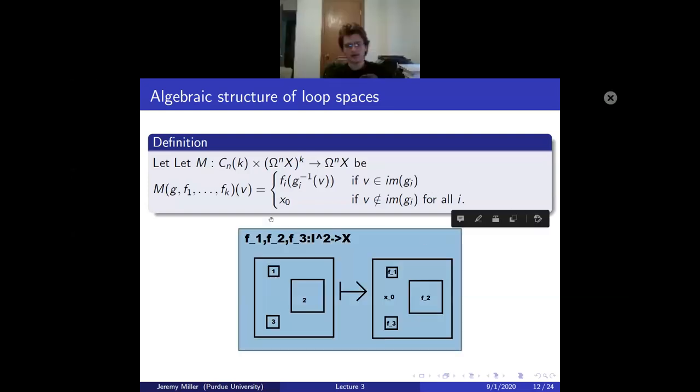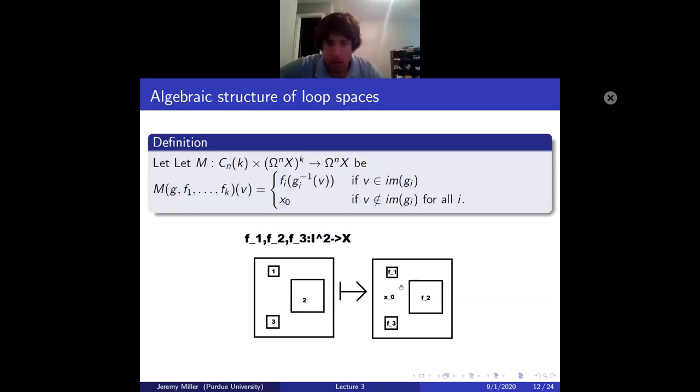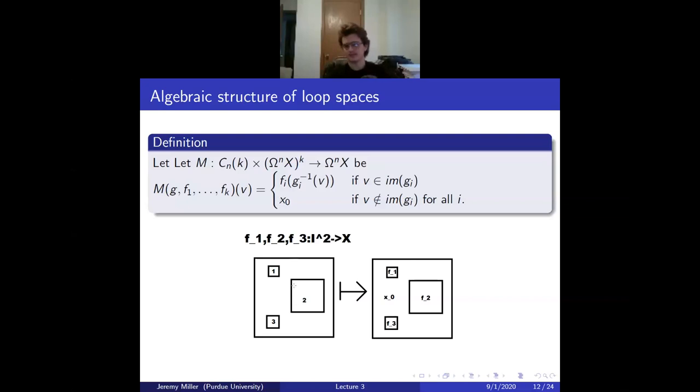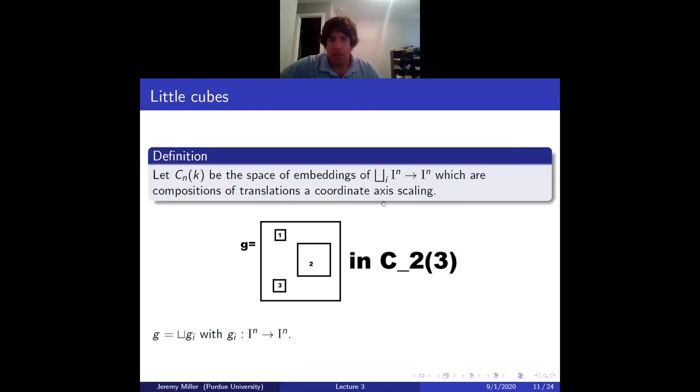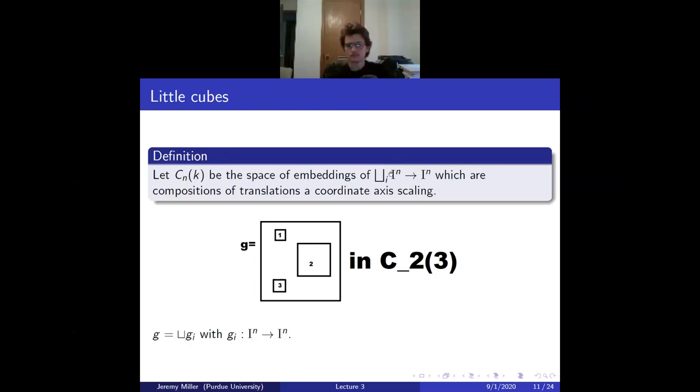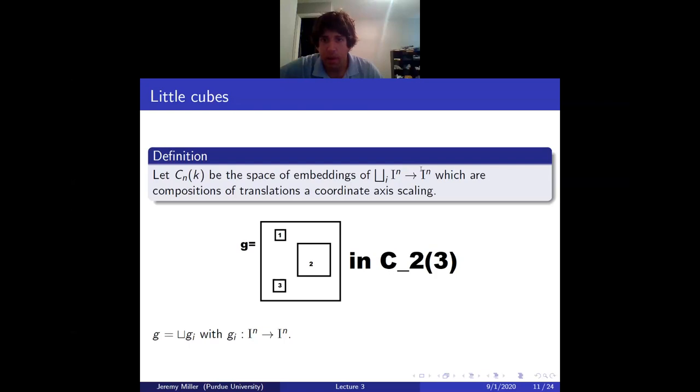Okay. Based on our definition of C and K, in the picture, we could have box 1 and box 2 overlapping, right? I said that they're embeddings of the disjoint union in. But they could embed to the same place. So I'm saying the stronger thing. I'm not just saying it's an embedding of each of the cubes in. I'm saying it's an embedding of the disjoint union, which means that they don't overlap.